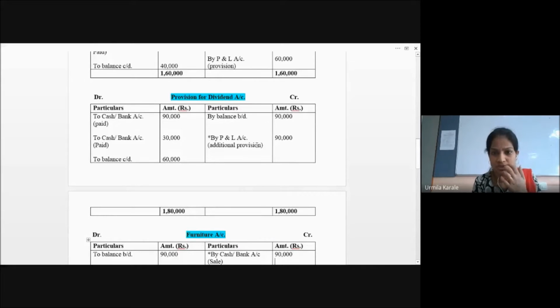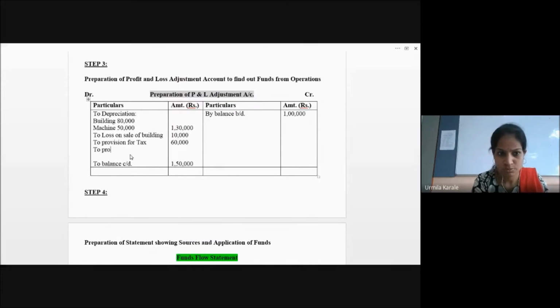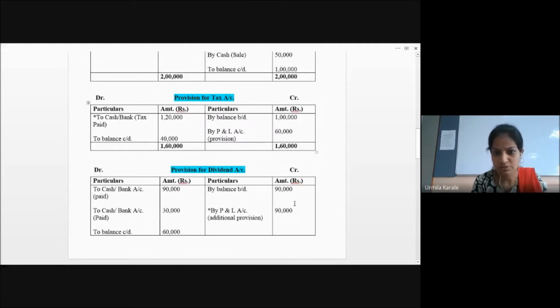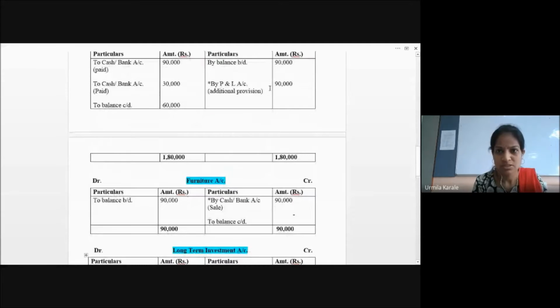So provision created, profit and loss debit 90,000. This account credit, this account debit, to provision for dividend 90,000. Okay. This is done. On this side check what there is. Dividend paid 90,000. Then again dividend paid 30,000.